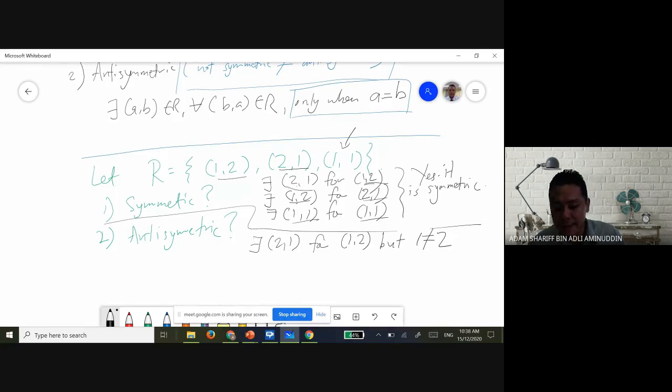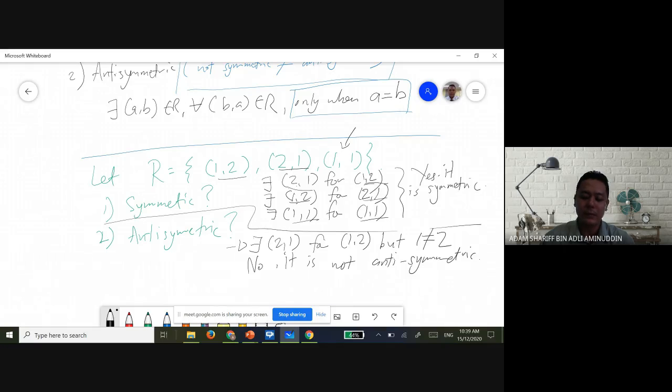The symmetry exists, but not only when A equals B. So for this case, I already show my counter example that no, it is not antisymmetric. Because AB exists for BA, but A is not equal to B.